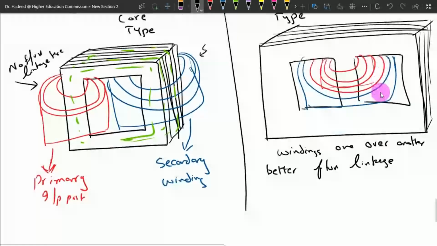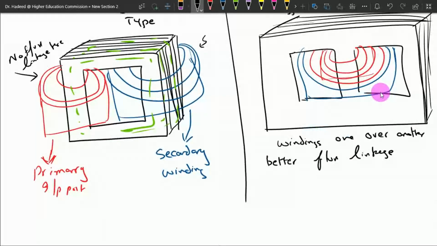Now the question arises here that for some transformer, let us say, where we have the primary voltage Vp greater than Vs, which winding will be wrapped on this limb and which winding will come over it?